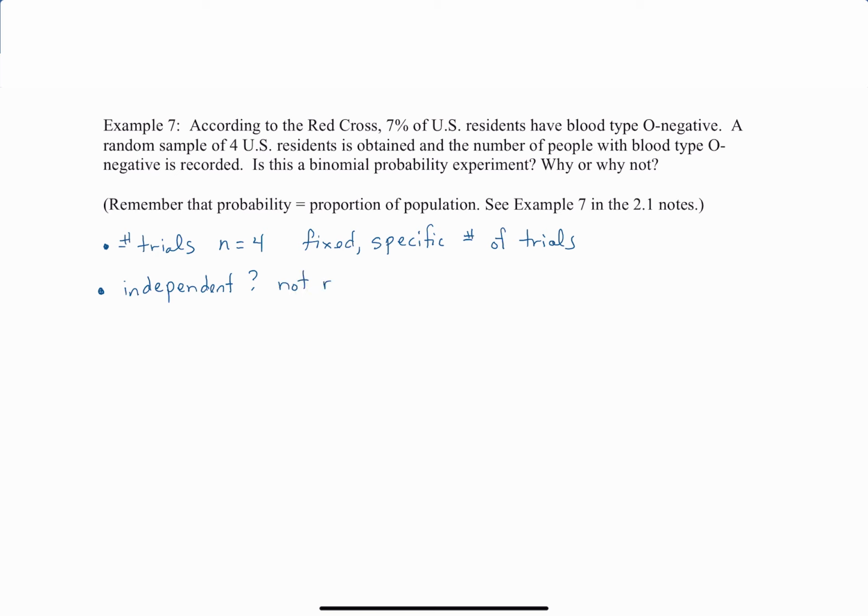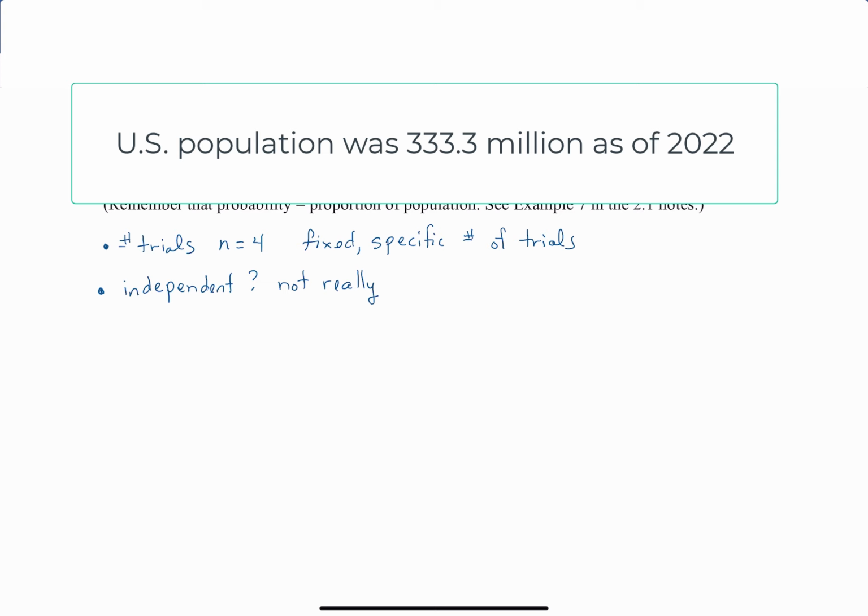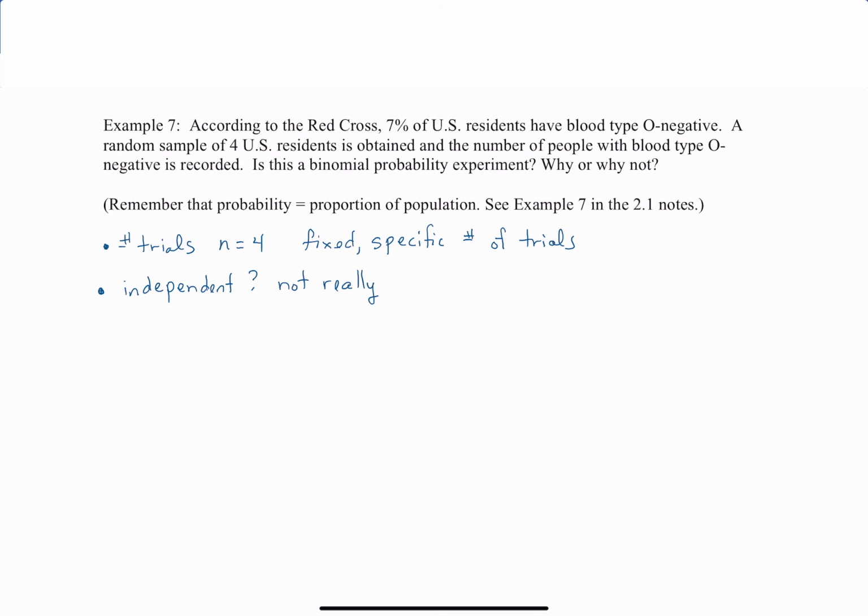So I'm going to say not really here. But at the same time, think about how many people there are in the United States. I don't know what the number is, but it's a lot of people. If you've selected one person out of that giant population, it really doesn't change the characteristics of the rest of the population very much. So I'm going to say not really, but sort of.